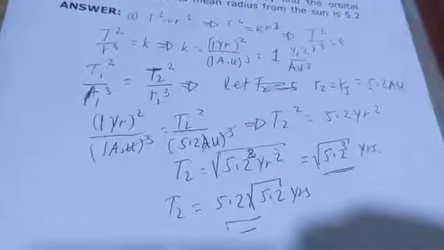This is the value that we are going to get using Kepler's third law of planetary motion. This is the period of Jupiter, and when you simplify this, we get 11.86 years.